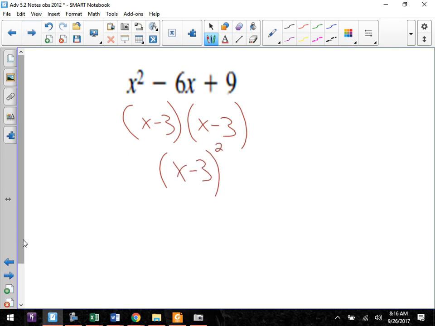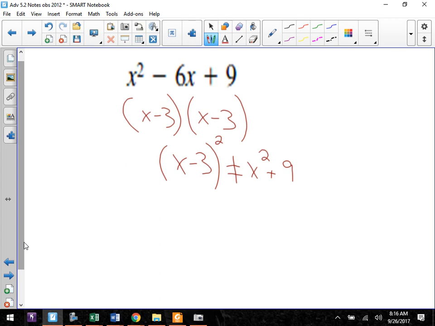Now, for those of you guys that had Seth, this was a giant pet peeve of his. Because if you had to FOIL that out, what would happen? You guys would kill puppies. Remember, this does not equal x squared plus 9. This is when puppies die.